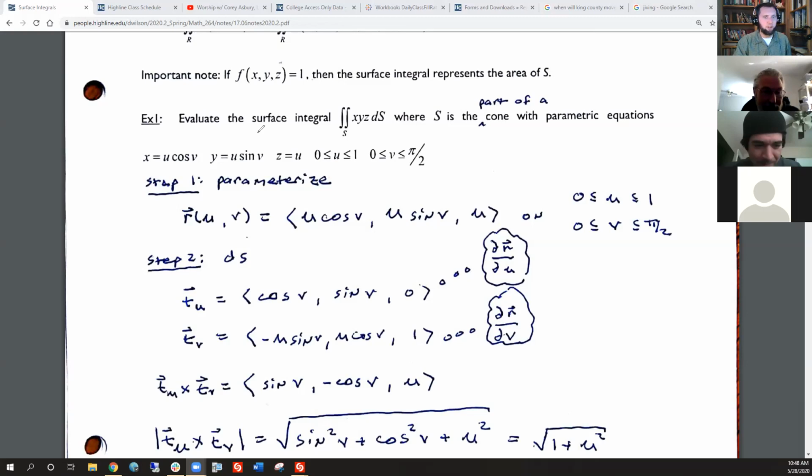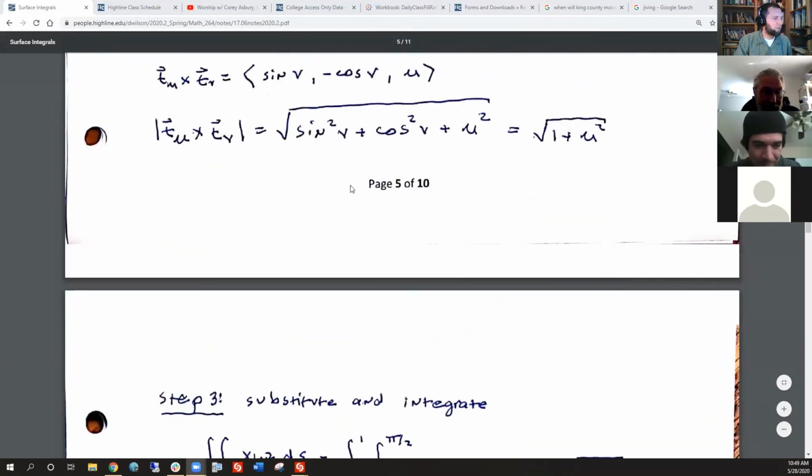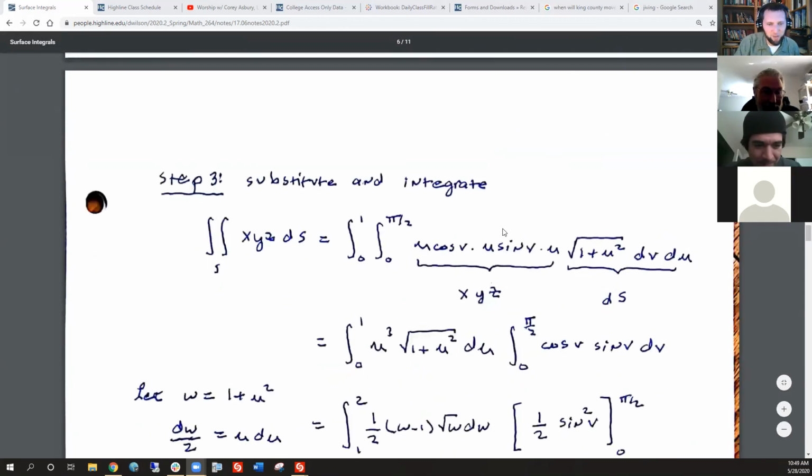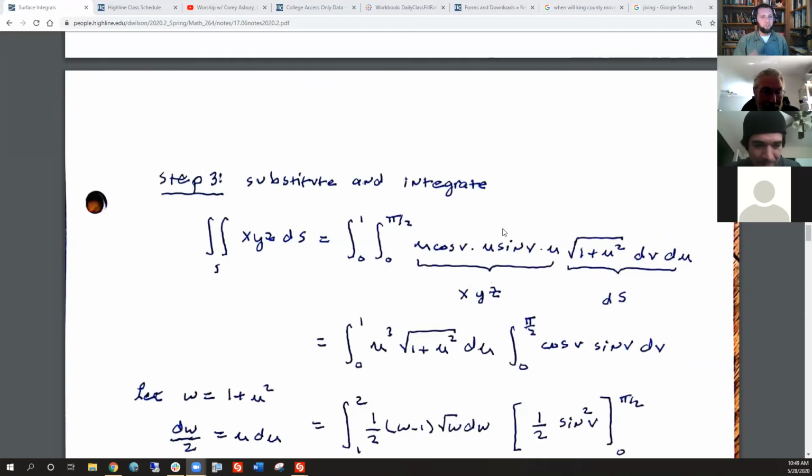What's step 3 going to be? Step 3, thank you all for not answering that question. Step 3 was substitute and integrate. So notice the same process that we use for line integrals all the way around. Parametrize, find your differential element, substitute and integrate.